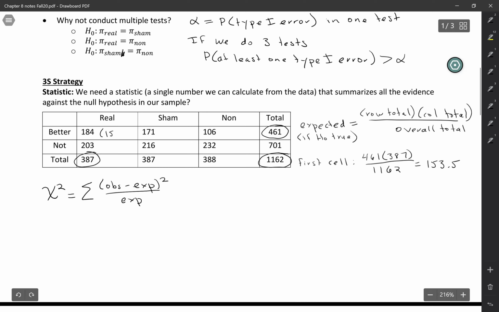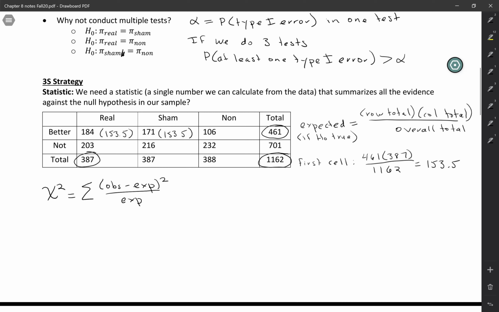And we don't want to round these. When we say expected, we really mean what we would expect on average, so those don't necessarily need to be whole numbers. For sham, that's going to turn out exactly the same because we have the same sample sizes for real and sham, so the row, column, and overall totals will be the same, and that's 153.5.